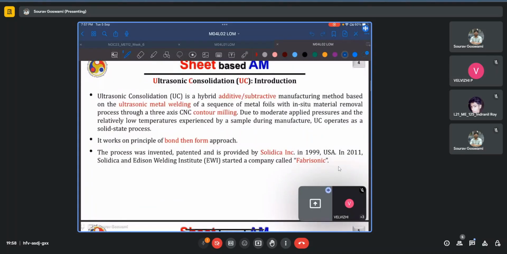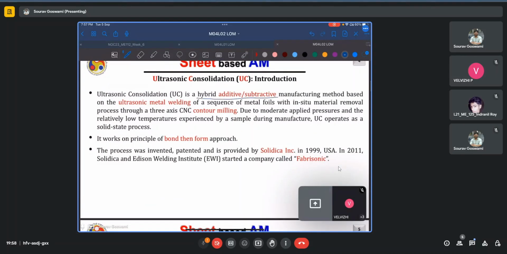Now, ultrasonic consolidation is a hybrid process, as we already discussed. And it actually uses the principle of ultrasonic metal welding with in situ material removal through 3-axis CNC contour milling. And because of the moderate pressures and the low temperatures, it is a solid state process.